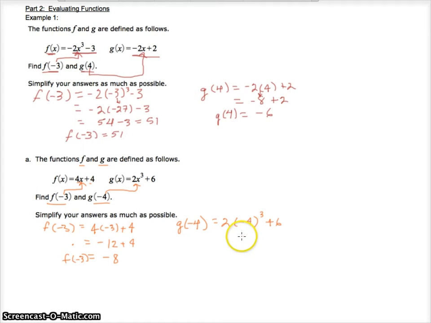Negative 4 to the third power gives me negative 64 times 2 plus 6. 2 times negative 64 is negative 128 plus 6. Negative 128 plus 6 gives me negative 122. So g of negative 4 equals negative 122.